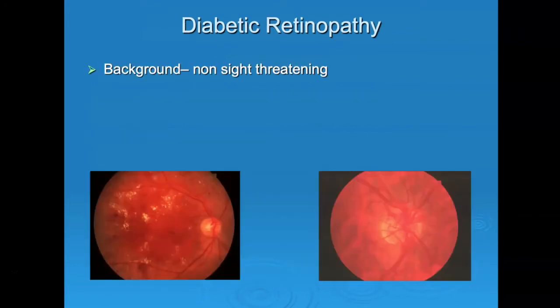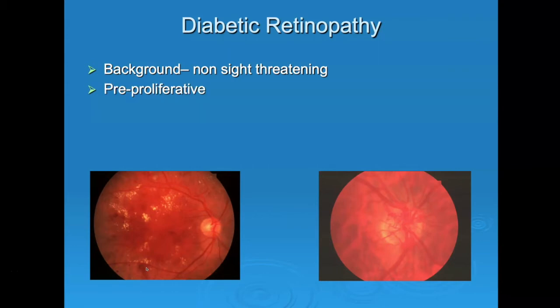So diabetic retinopathy can start as non-sight-threatening, asymptomatic background retinopathy. And you can see here the hard exudates representing proteinaceous loss through the leaky capillaries, and a few little blot hemorrhages representing blood loss through leaky capillaries.